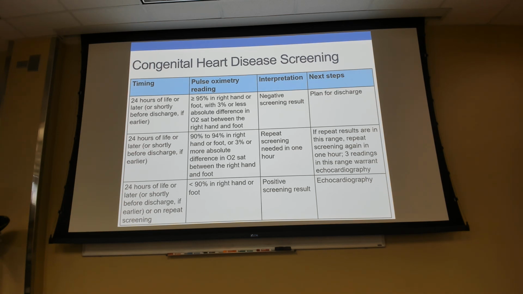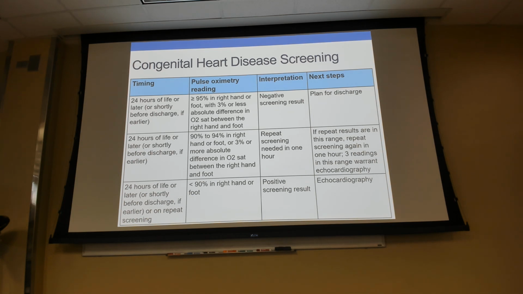Okay? So how are we doing this? Well, we are putting an oxygen saturation on their right hand. The right hand, because it is pre-ductal. So it is before the ductus arteriosus, and then after that, you can put it on anything else. So you're comparing their pre-ductal saturation of the right hand to a post-ductal saturation. So pick any other limb, right?